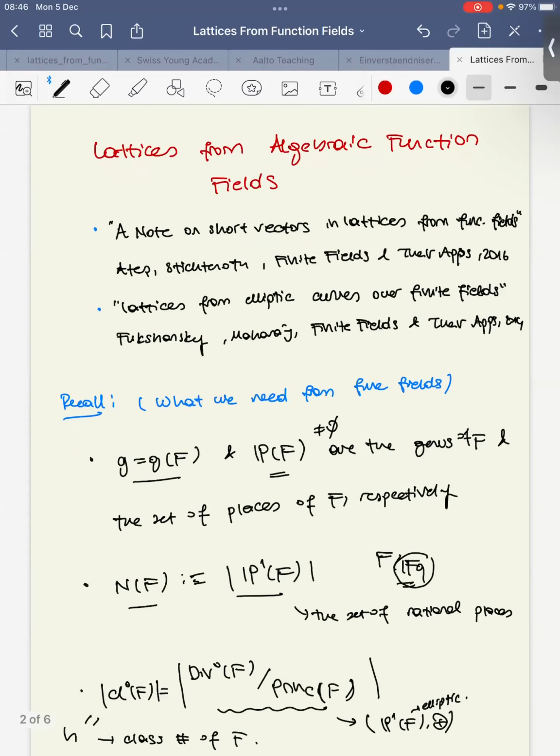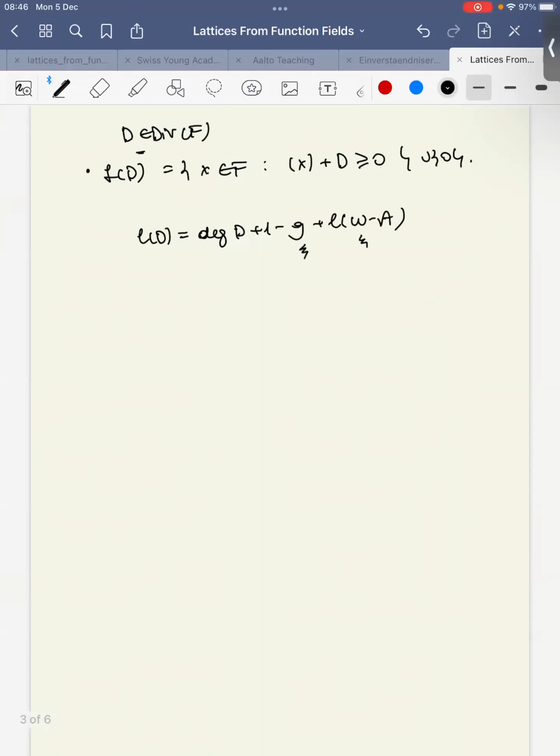Here by the genus, we mean the same thing as in the earlier statement. Genus and the canonical divisor are strongly related to each other. For the canonical divisor, the dimension of its Riemann-Roch space is indeed the genus g, and its degree is 2g minus 2.